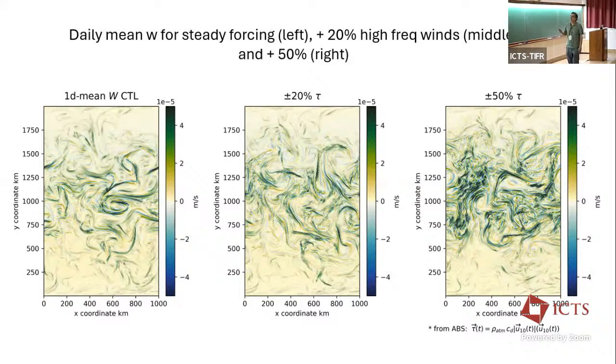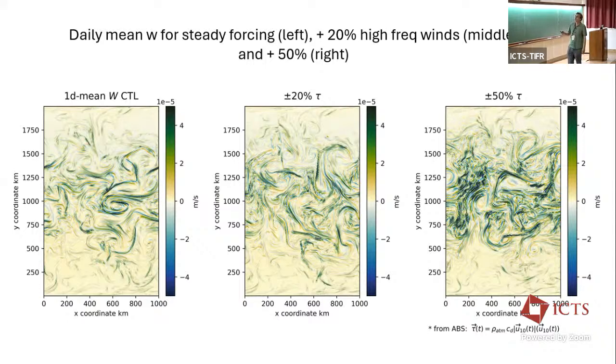Okay, so we wanted to do several things. One is higher resolution and forcing to get a mixed layer that's more like winter conditions, to get a more robust submesoscale, and we haven't had time to do that yet. But we also wanted to force with high frequency winds in addition to the low frequency.